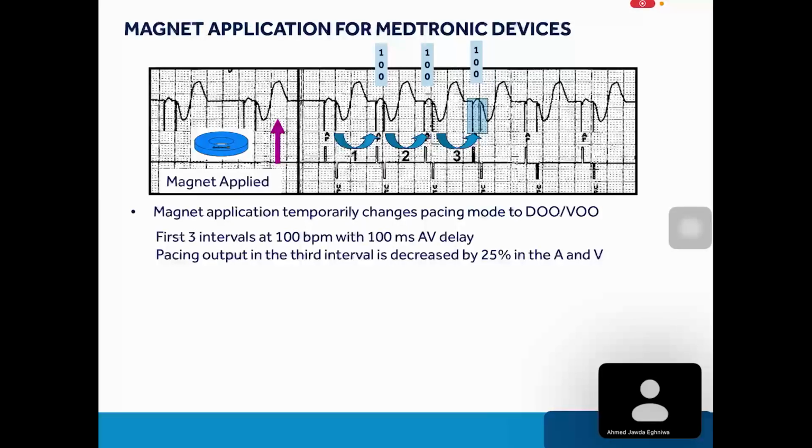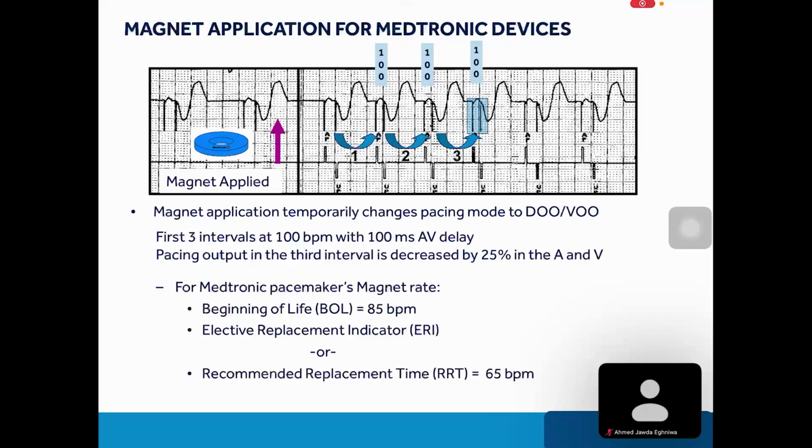If you put a magnet, every manufacturer differs. For Medtronic, at the beginning of life it will pace at 85 beats per minute, or at elective recommended replacement time, it will pace at 65.